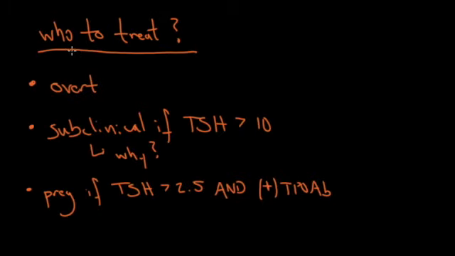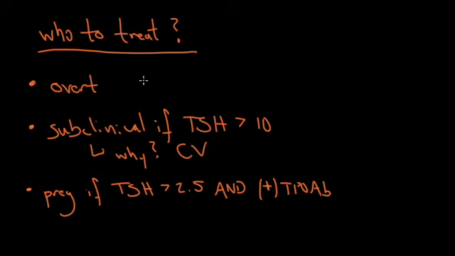Okay, so who do we actually treat for hypothyroidism? We want to treat everybody that has overt hypothyroidism. We also want to treat anybody that has subclinical hypothyroidism if their TSH is over 10. And why is that? It's basically because people with these levels have a greater risk of CV events, and they also have a higher chance of going to overt.